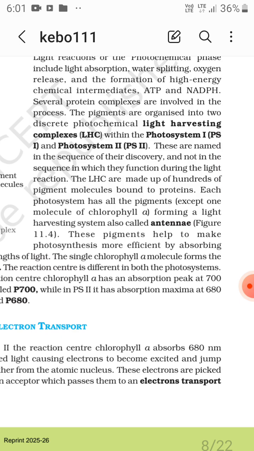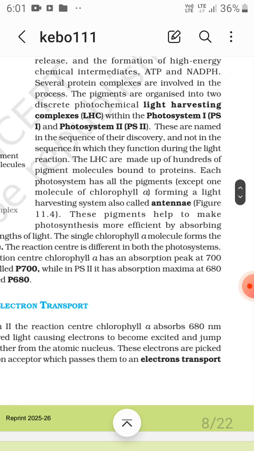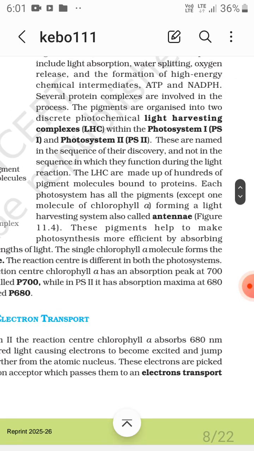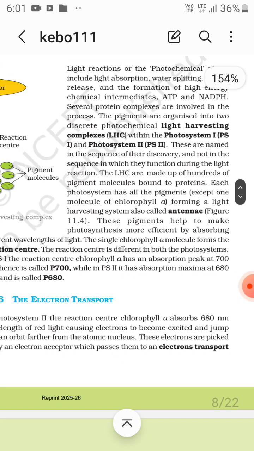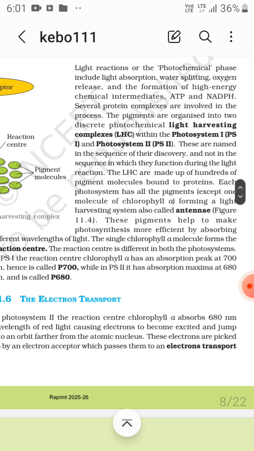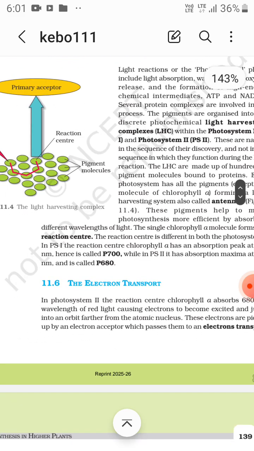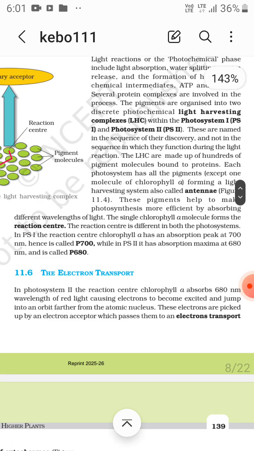These pigments help to make photosynthesis more efficient by absorbing different wavelengths of light. The single chlorophyll A molecule forms the reaction center.